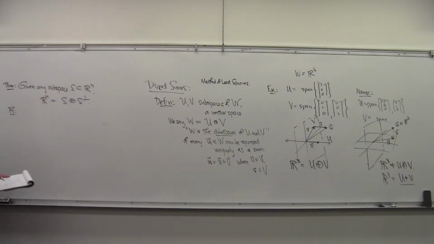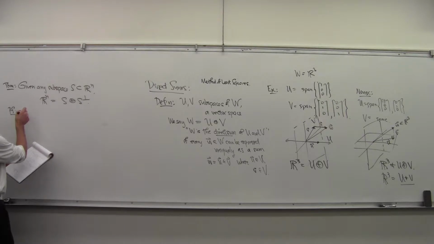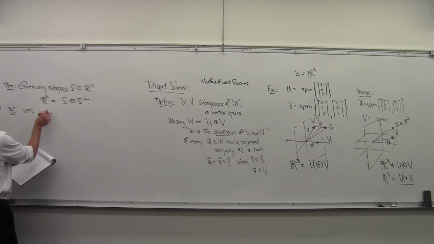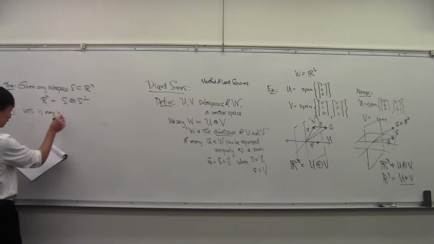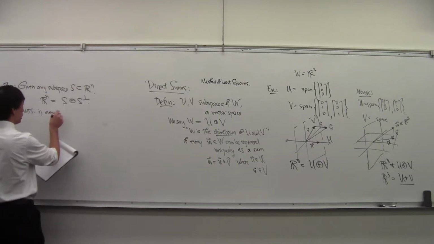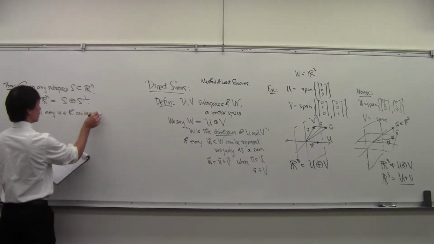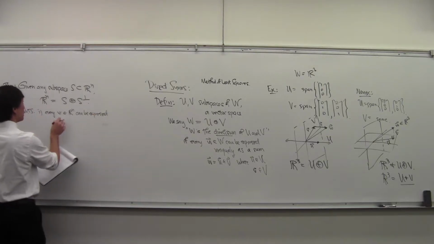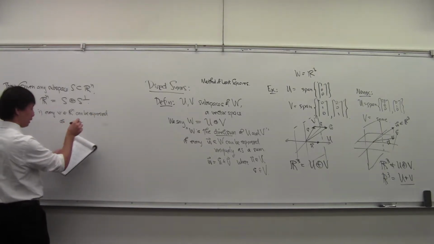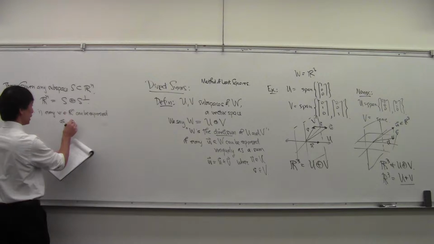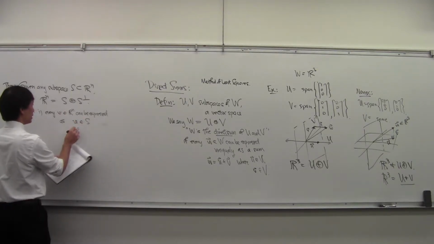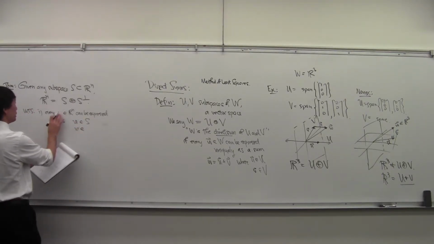Okay, so we have to show two things. We want to show, one, that every vector in Rn can be expressed as somebody in S and somebody in S perp.